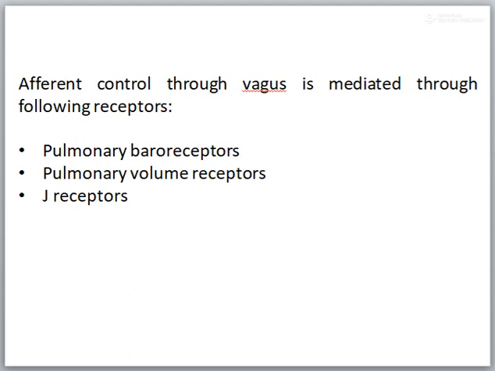The vasoconstriction produced in the lung due to sympathetic discharge is considerable and it results in the transfer of pulmonary blood into the systemic circulation, as for example during acute hemorrhage.